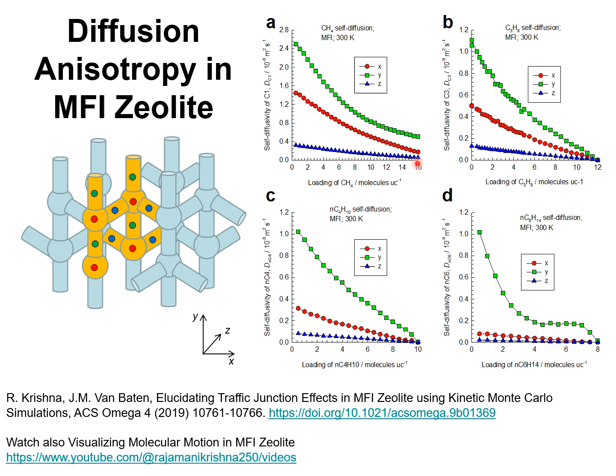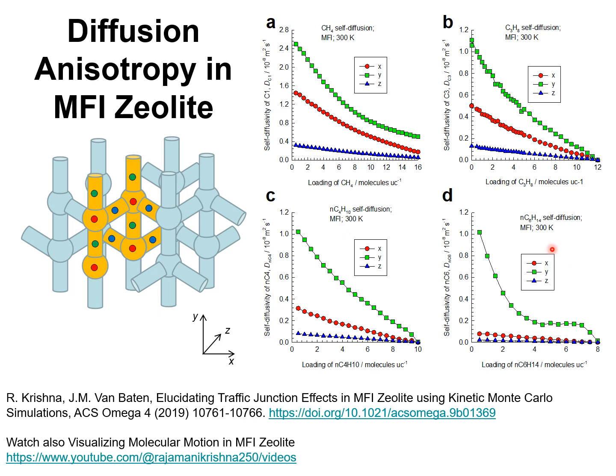Whereas for methane, the smallest of these alkane molecules, the diffusivity has a finite value at a loading of 16, and indeed the diffusivity reduces to near 0 at a loading of about 24 to 26 molecules per unit cell.